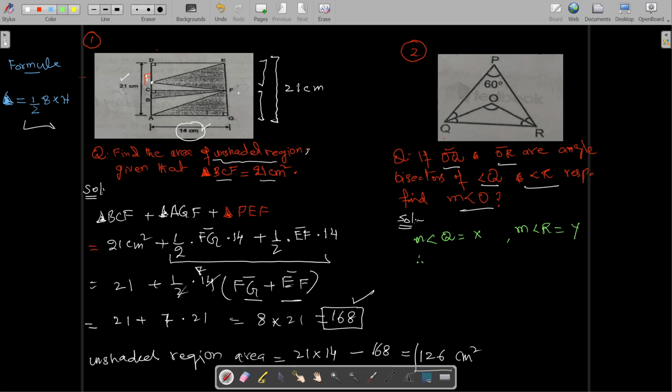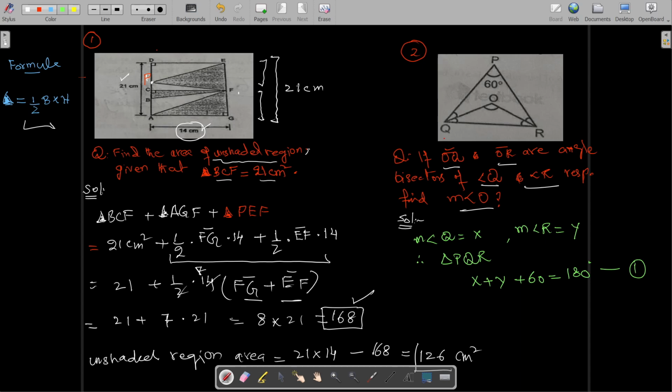Therefore, from triangle PQR, the sum of the three angles of the triangle is 180 degrees. This is equation 1.